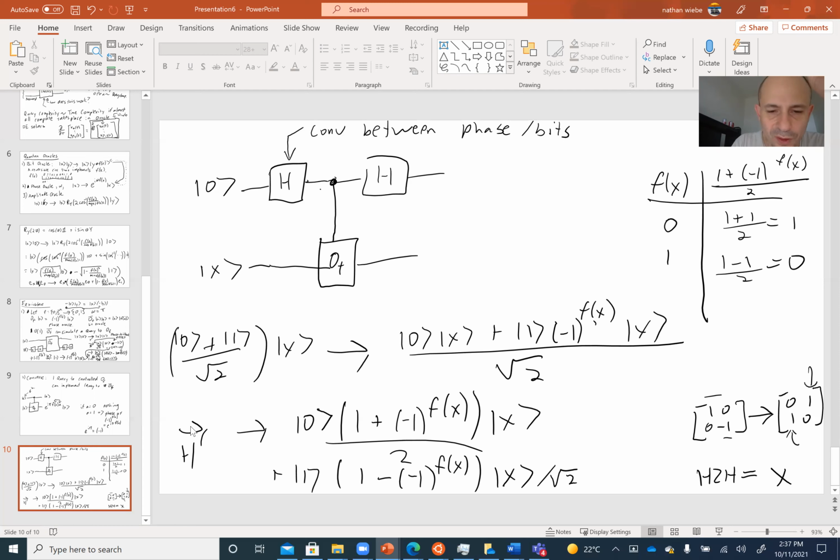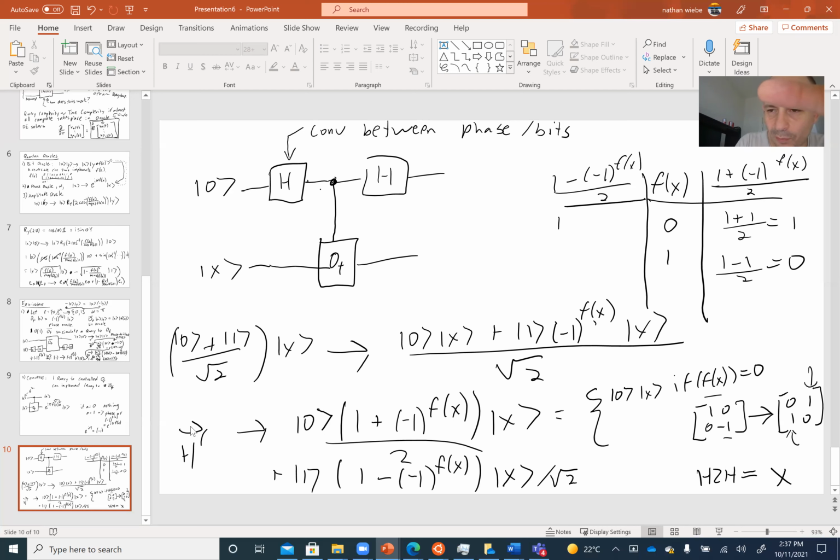So this gives us |0>|x> if f(x) equals 0. But now let's ask, what about (1 - (-1)^f(x))/2?